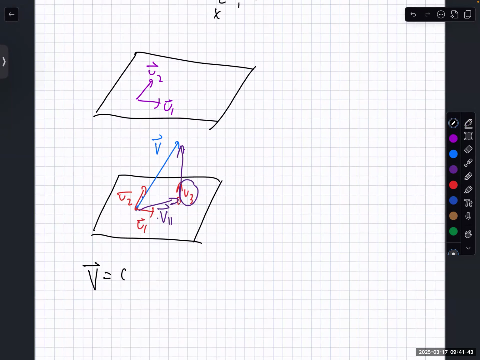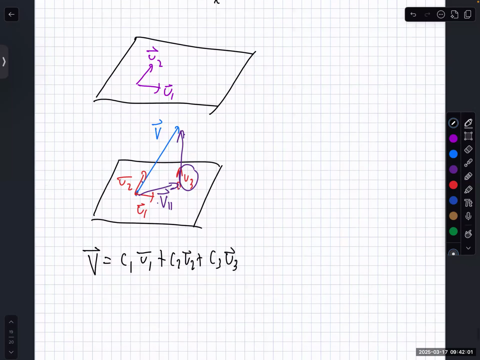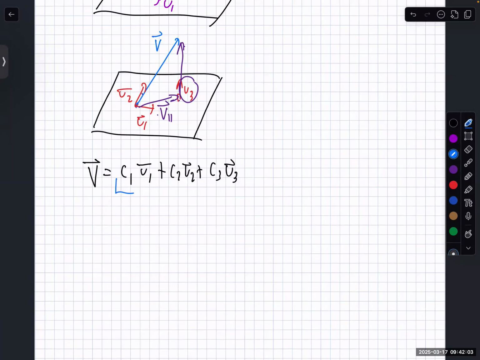So if I have v is some linear combination of these u's, this part, actually, let's say W is the subspace with the basis U1, U2.